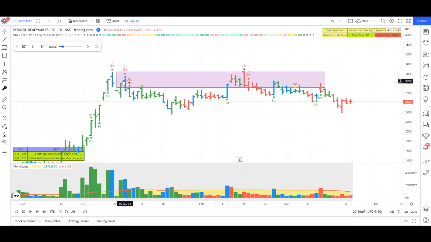So here the background on which the upthrust bar is happening is important. The result of the upthrust bar has been a sideways move, capping further upward move rather than pushing the prices down. Let's go to the next example.